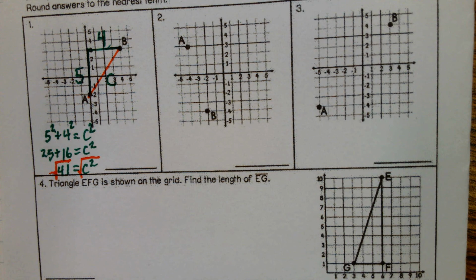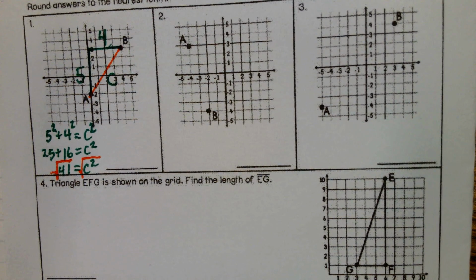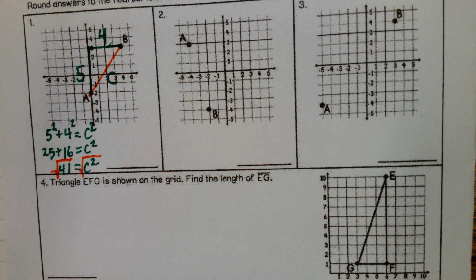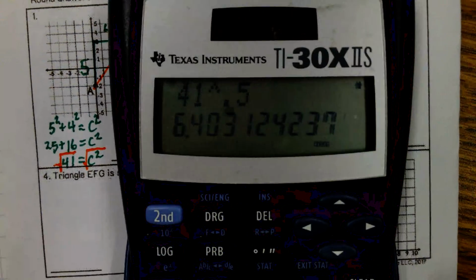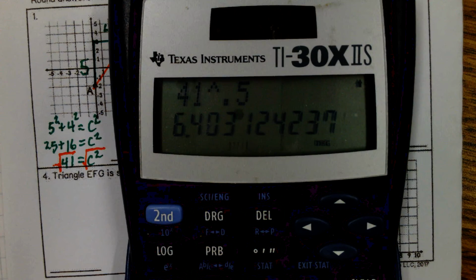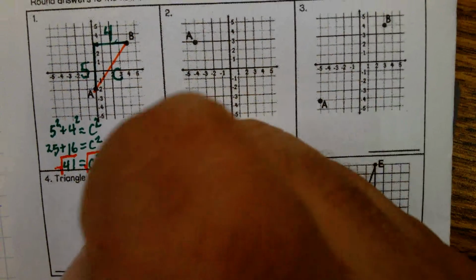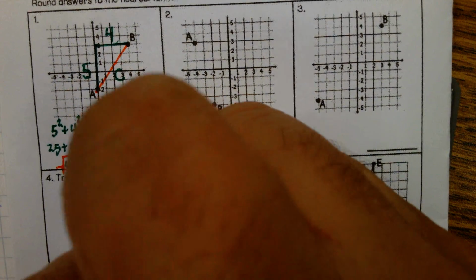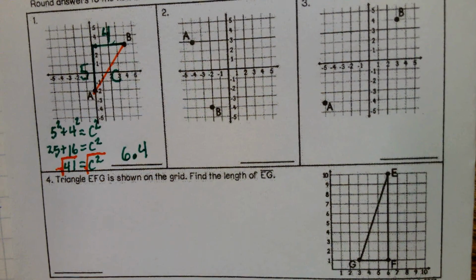So, well, we want 2 digits. 41. If this is what I get as an answer, we want 6.4. So now we know the distance from A to B is 6.4 units.